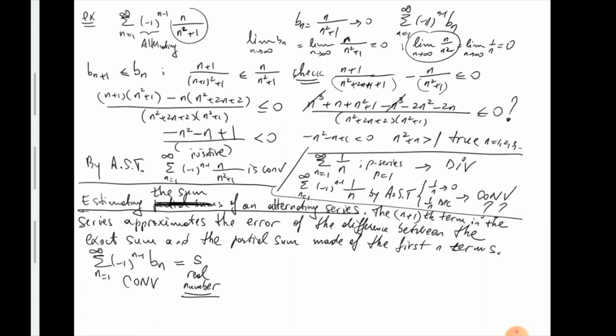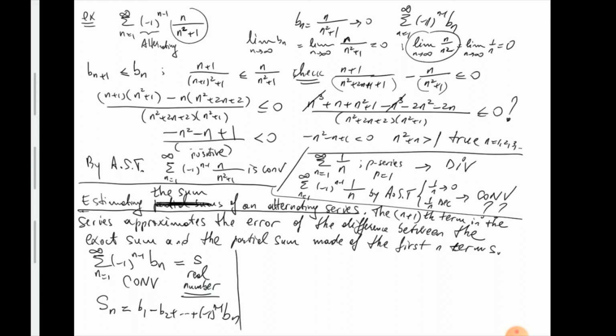And in practice, of course, you don't know what this number is, but you could always add finitely many terms in the series. So let's look at the partial sum obtained by adding the first n terms in the series: b1 minus b2 plus dot dot dot minus 1 to the n minus 1 bn.